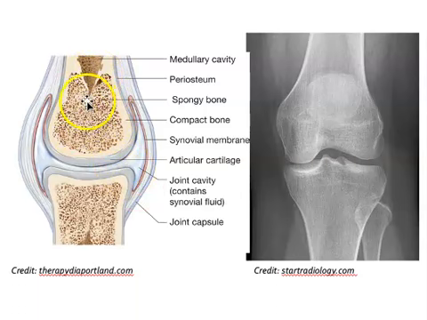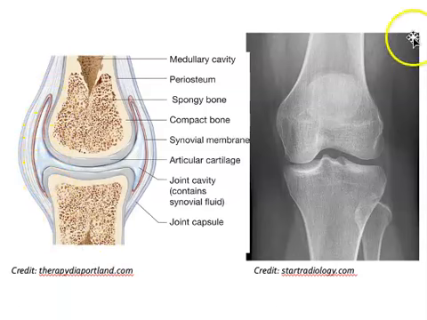You can see a bone here with articular cartilage on its surface. You can see another one here with articular cartilage. That cartilage is a critical component to the function of this joint. The fluid, the synovial fluid, fills the joint cavity in here.